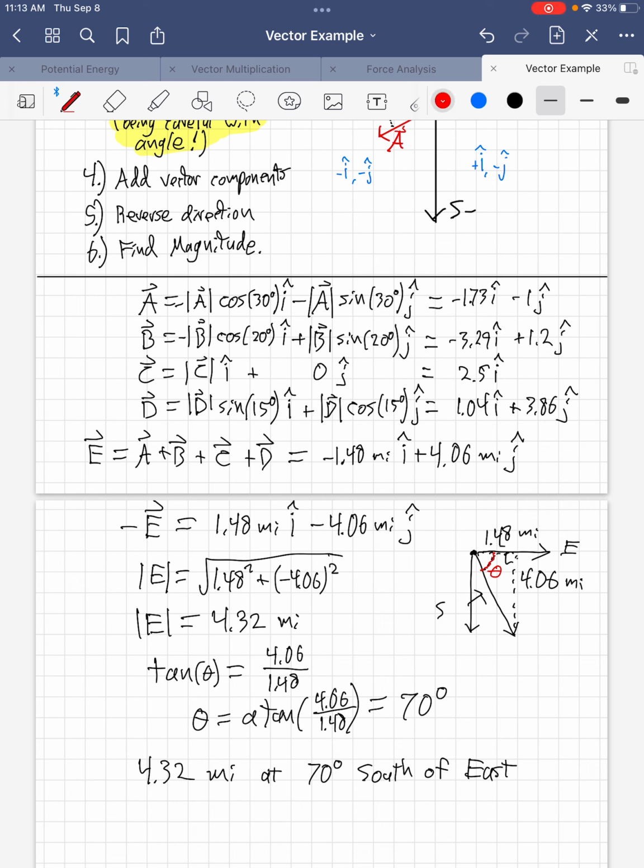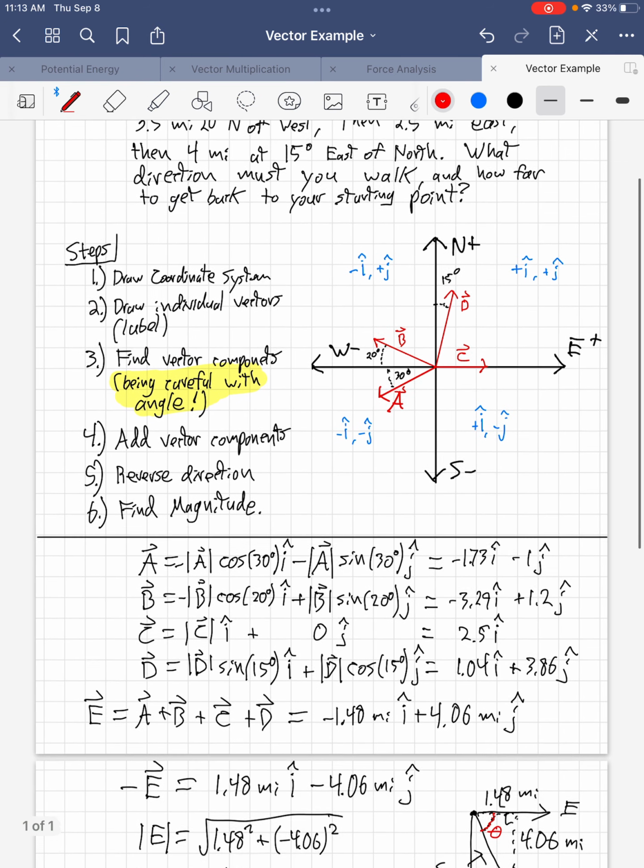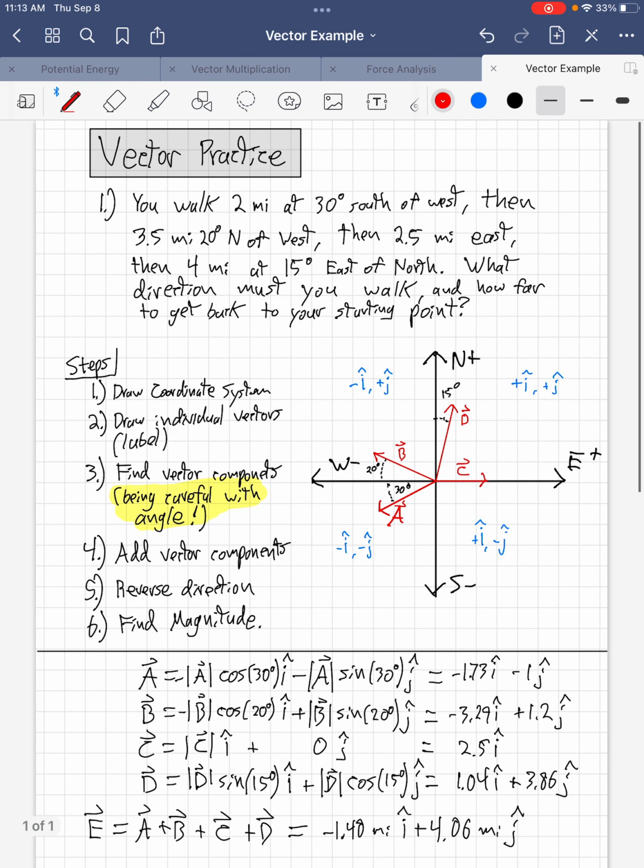And now we've fully solved our problem. And it took a little while to get there, right? So remember the steps when you're approaching a problem like this. First, you're going to draw it out. Label your individual vectors, and especially be careful with the angle that you're applying the right trig law.